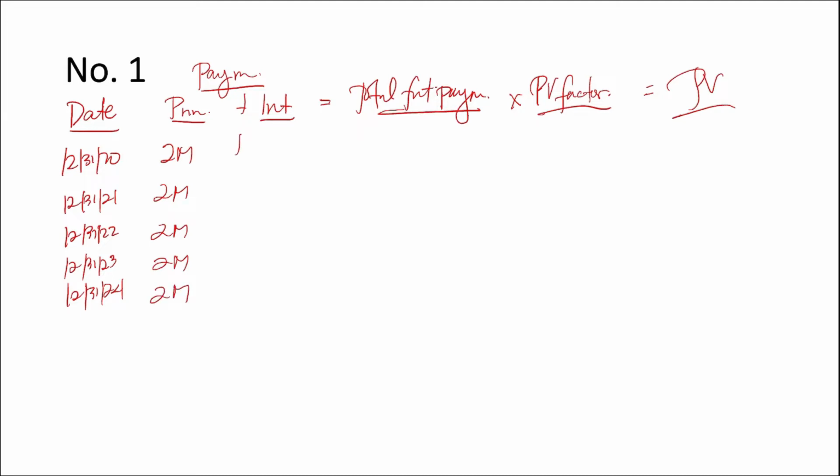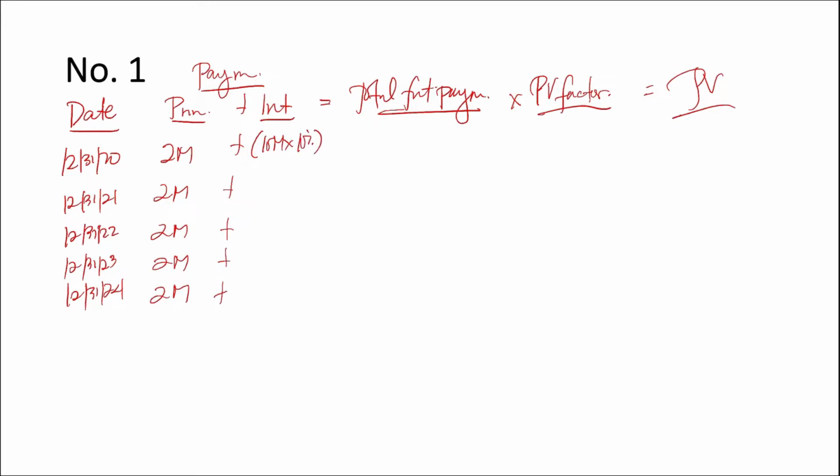Then, add interest on the unpaid balance. As of December 31, 2020, magkano unpaid balance natin sa principal? Di ba? 10 million. Therefore, yung interest na ito ay magiging 10 million times. Anong klaseng interest rate? Stated or effective? Stated dapat. Kasi payment pinag-uusapan natin eh.